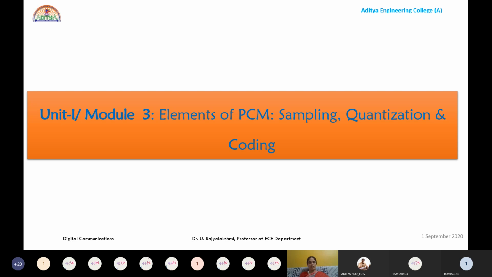We discussed that there are a lot of advantages for flat top sampling, because if the pulses of flat tops are generated, then that kind of signal is very much compatible with digital communication. That's why we consider flat top sampling, because it is highly compatible to digital communication.